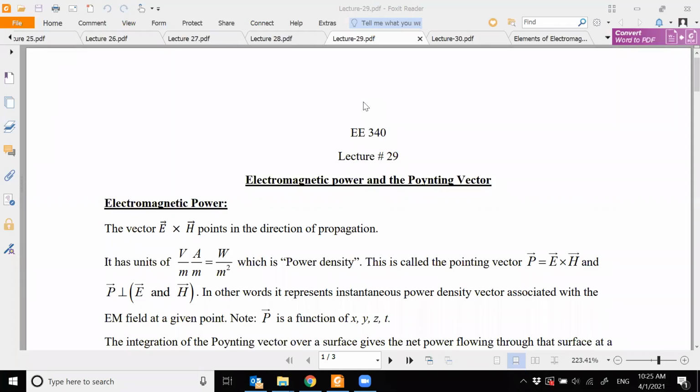20 seconds more. 15 seconds more. 5, 4, 3, 2, 1, and that's it.